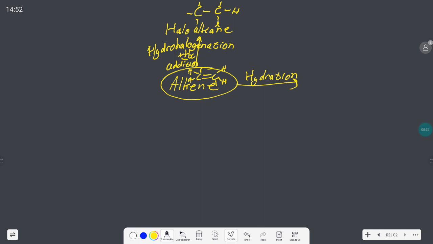Water. So if I hydrate an organic compound, I add water. And what do you think will be the thing that forms? Which one has OH with it? What forms? It is an alcohol.